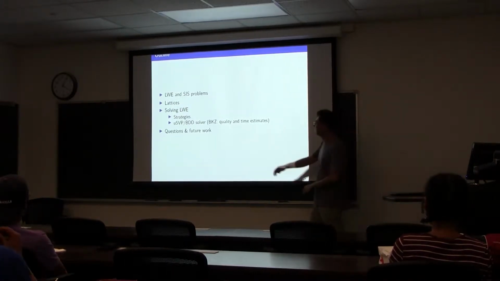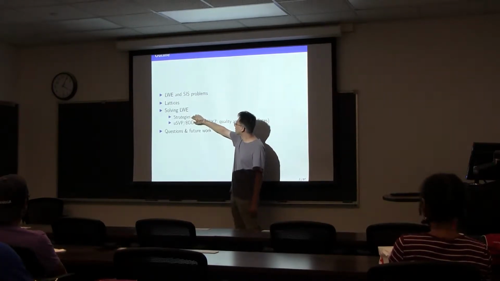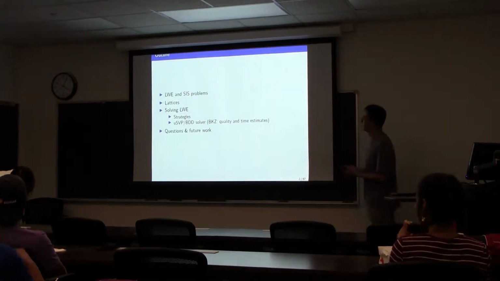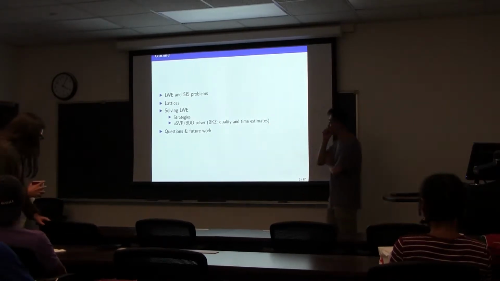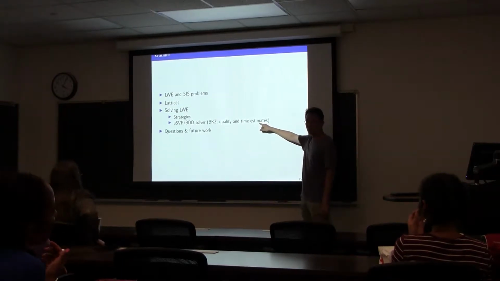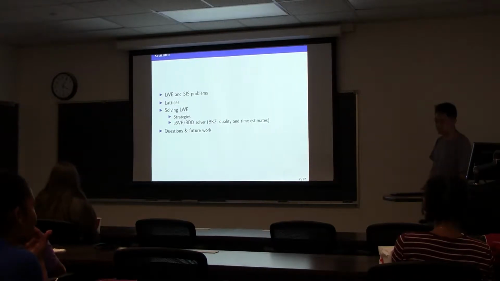In particular, there are 2 steps. The first step is to apply a strategy to convert the given LWE problem into another LWE problem or into a SIS problem, which is really the dual problem of the LWE. And in the second step, we call an SVP or BDD solver, which is really the computational part of the work to solve the problem.